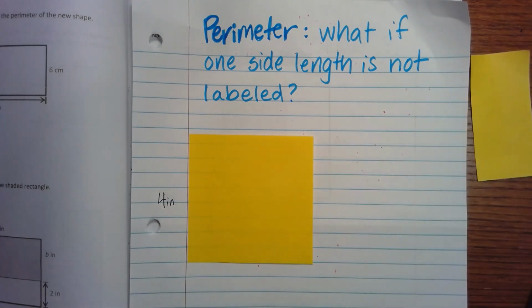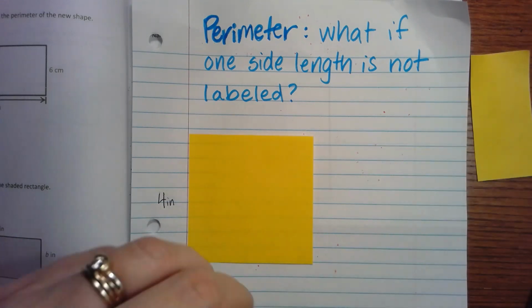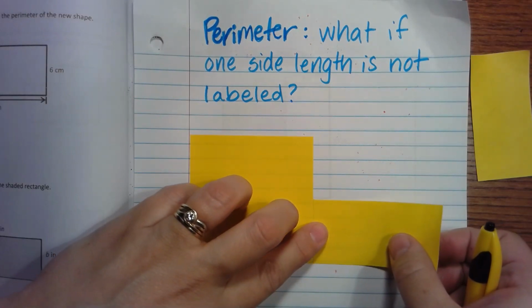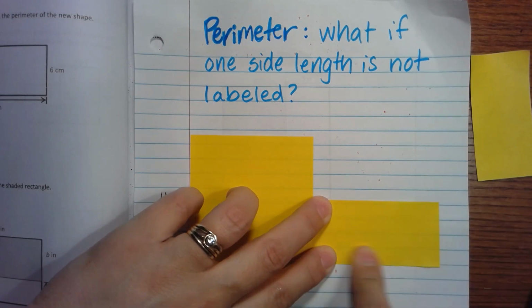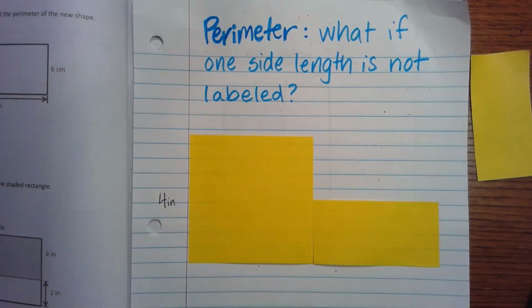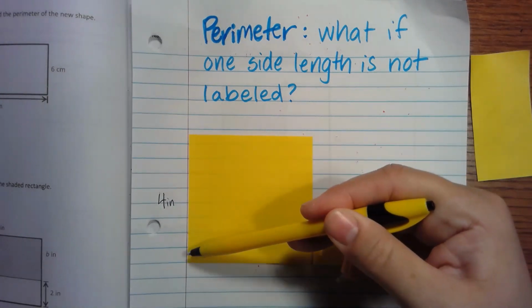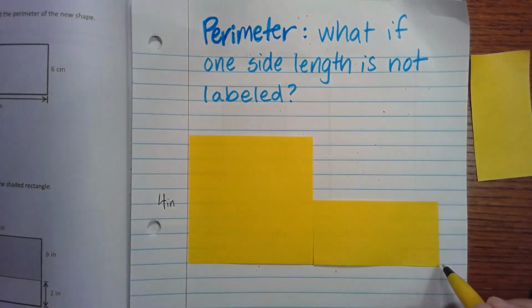Sometimes though, when we're doing math, I've seen over the years that kids have a hard time seeing the connection between this length here and this length here.